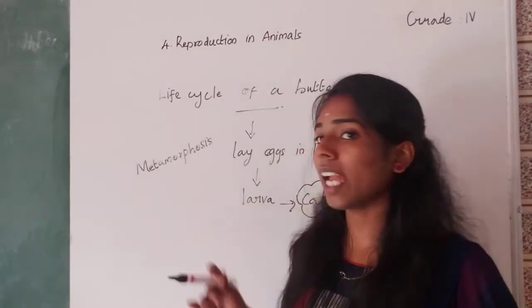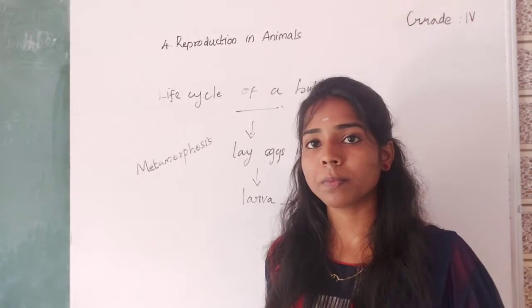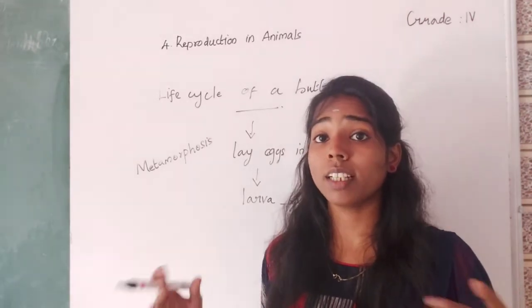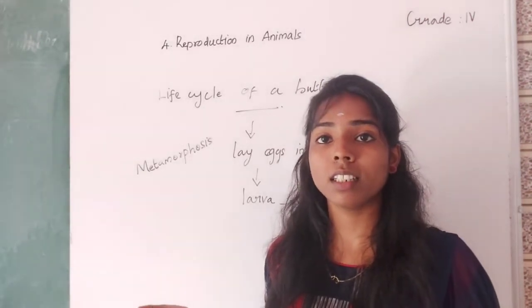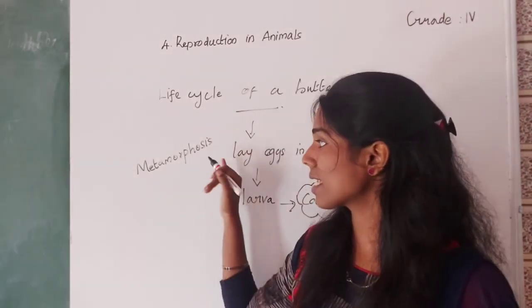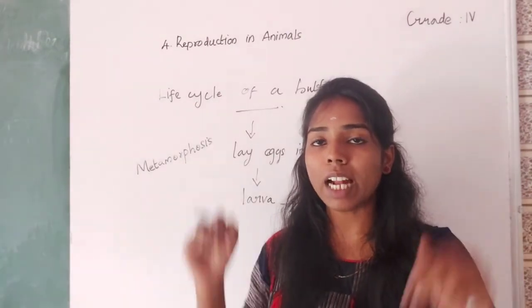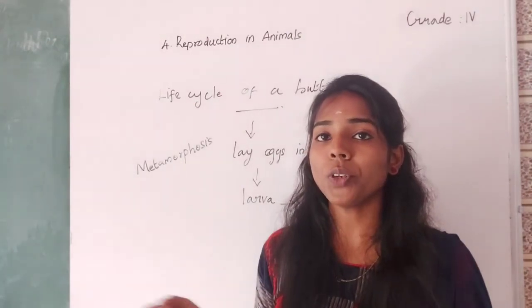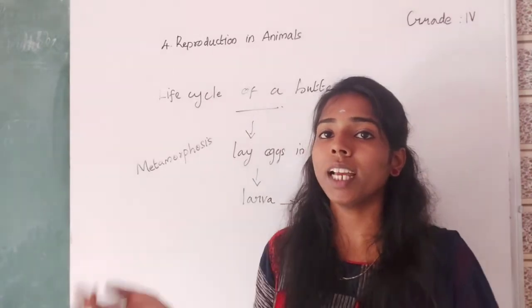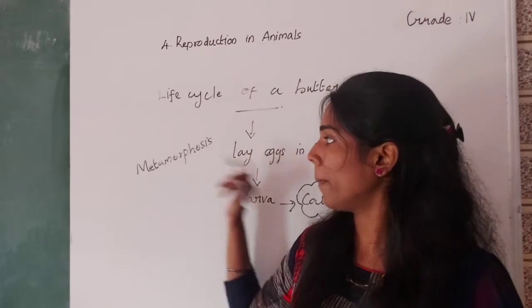The same thing happens in other animals also. Can you give any example? Frog, grasshopper and cockroach. Metamorphosis is a series of changes which some animals undergo to change from a young animal to an adult. That process is known as metamorphosis.